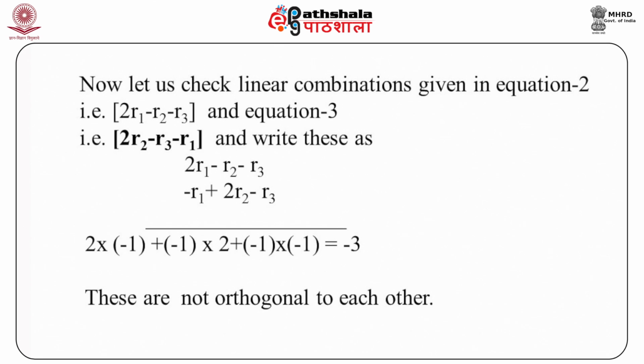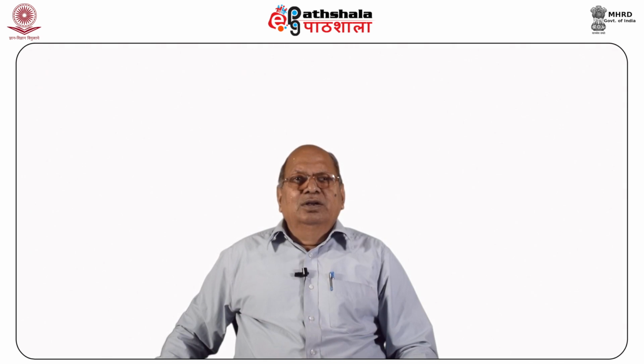It is not equal to 0, it comes out to be 3. It means these are not orthogonal to each other. All SALCs obtained should be orthogonal to each other.